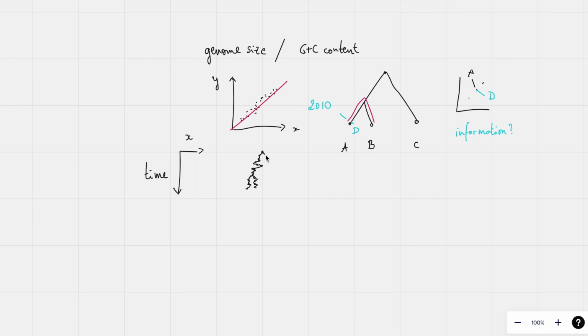I would see maybe something similar with some variations at random, a split at some point, and then some variations somewhere, and other variations on the other side here. And so we would end up with 4 points here for the extant species at the end of the process.